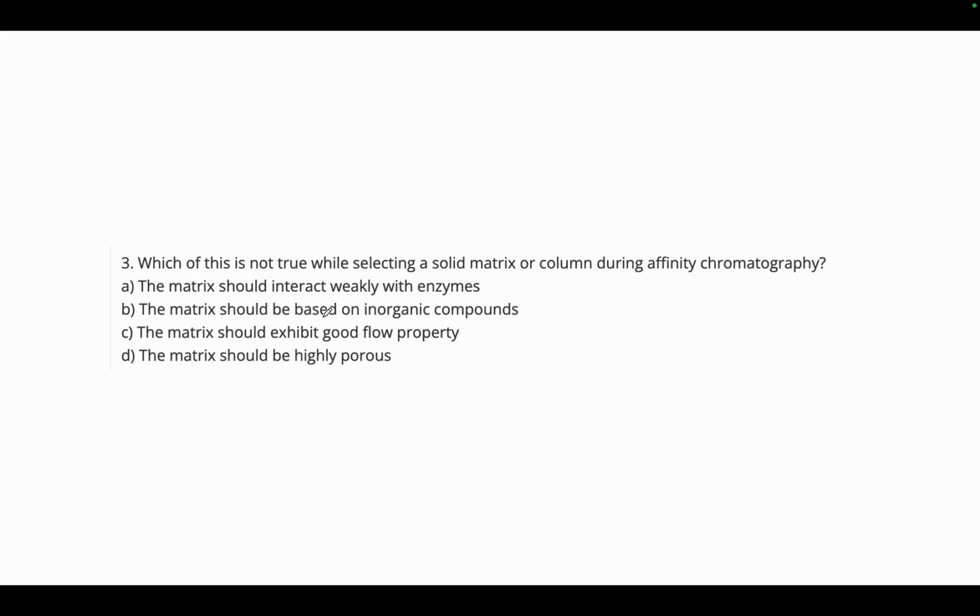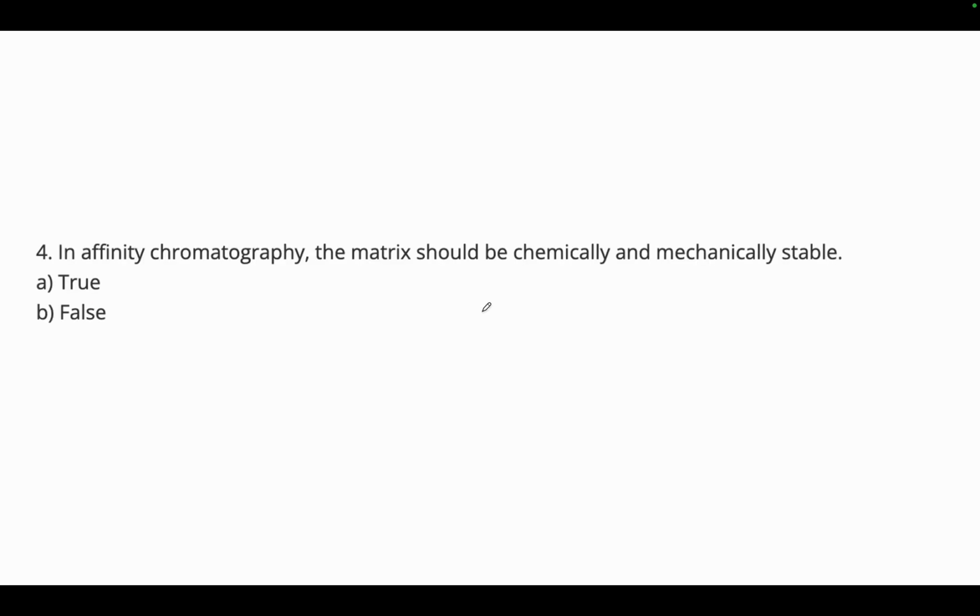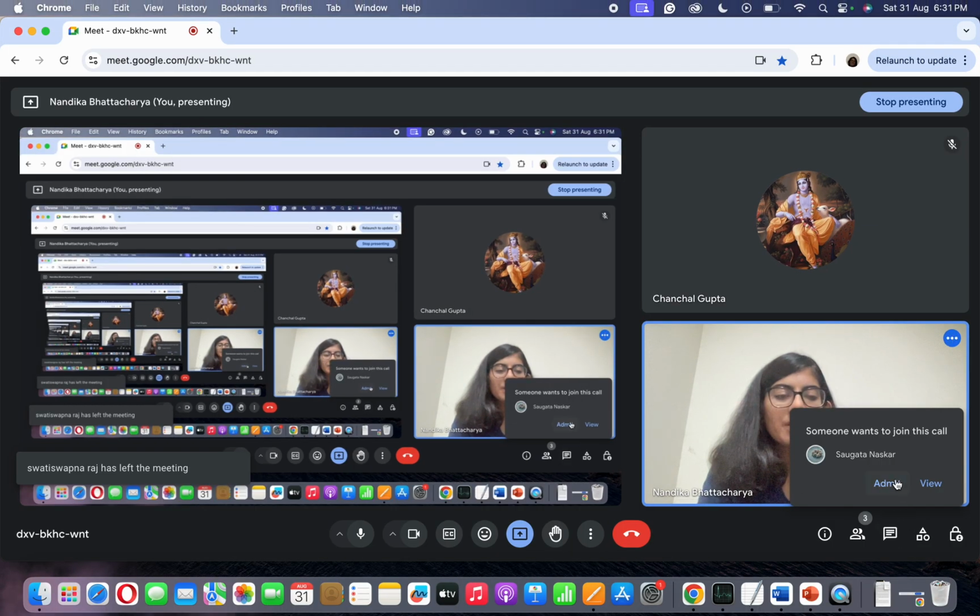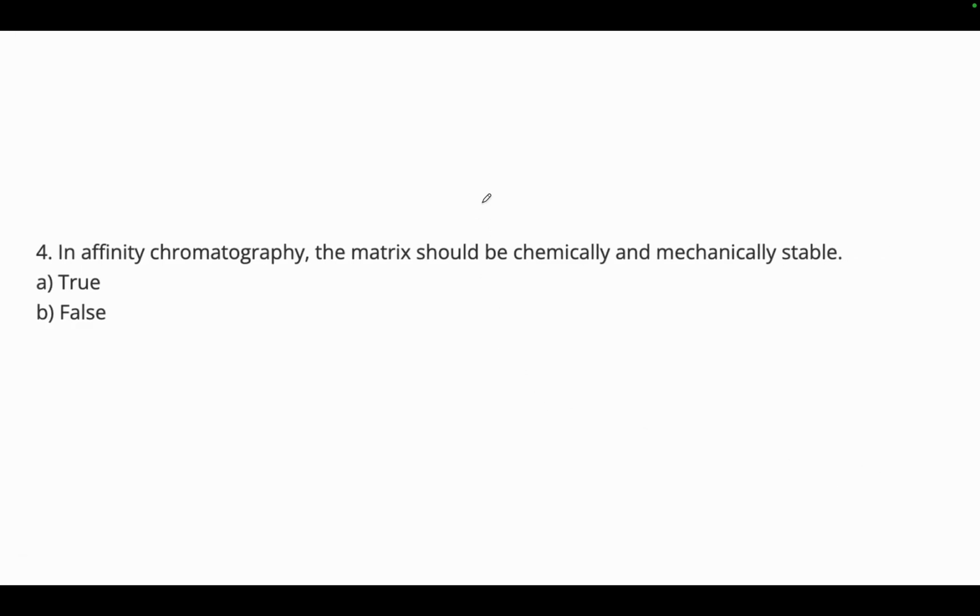The matrix should exhibit good flow property. Yes. The matrix should be highly porous. Yes. So the only false statement here is B. In affinity chromatography, the matrix should be chemically and mechanically stable. Yes, obviously.